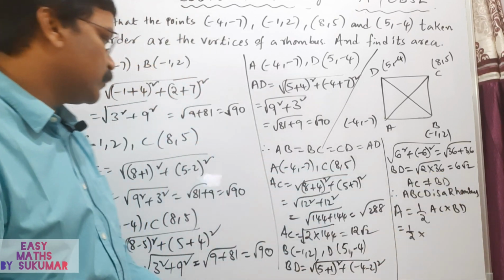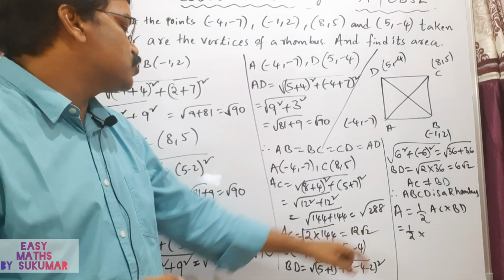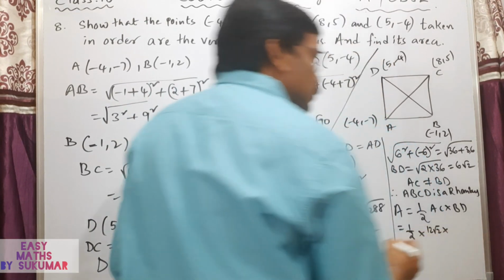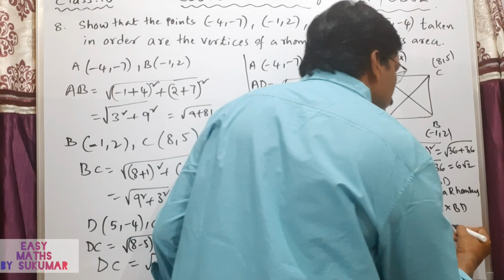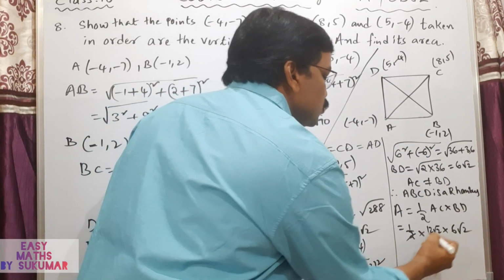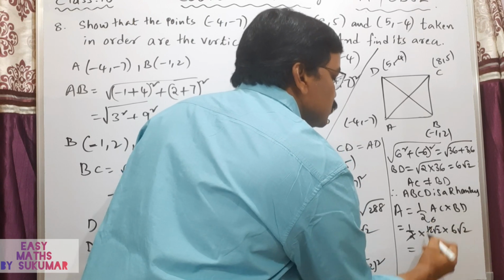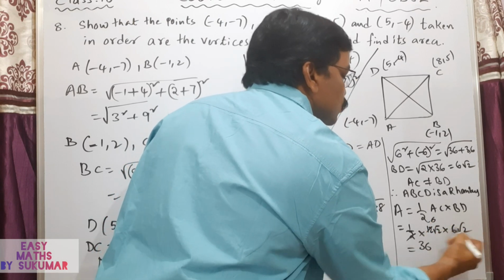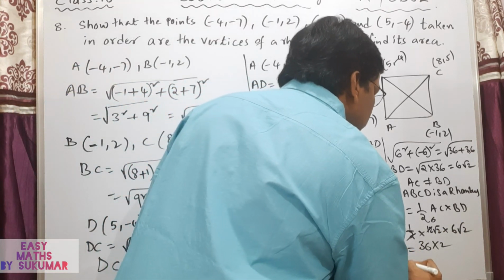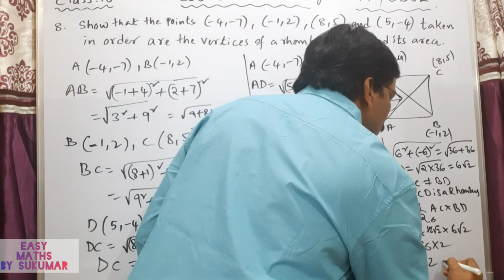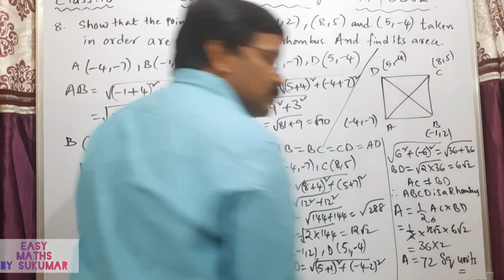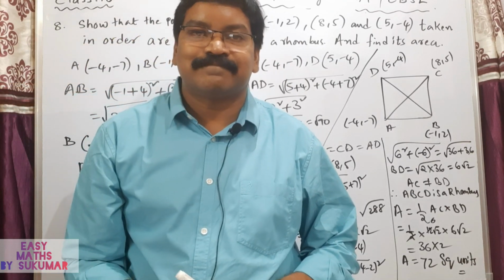Yeah, this is 12 root 2 into BD, which is 6 into root 2. So here this 2 in 12, 6 times. So 6 into 6 is 36. Root 2 into root 2 is 2. So 36 2s are 72. That means the area of this rhombus is 72 square units.